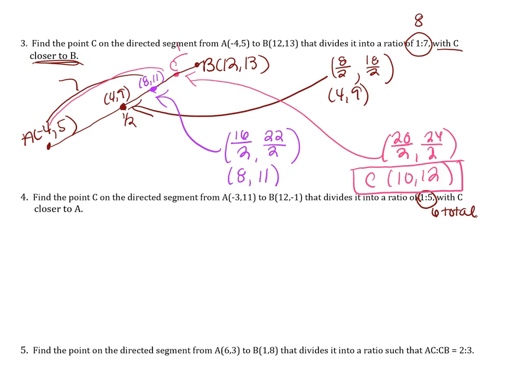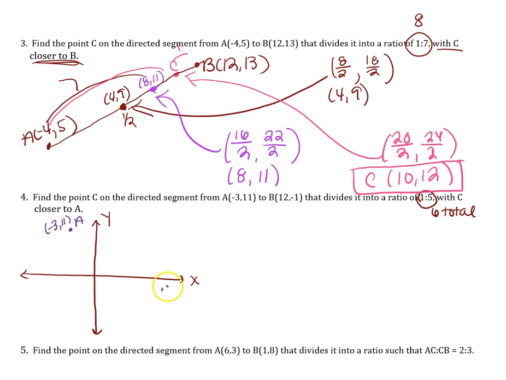So if I were to plot where A is, I'm going to actually sketch out an XY axis here to help me. We will say that A is roughly over here. B is 12, -1, roughly here.